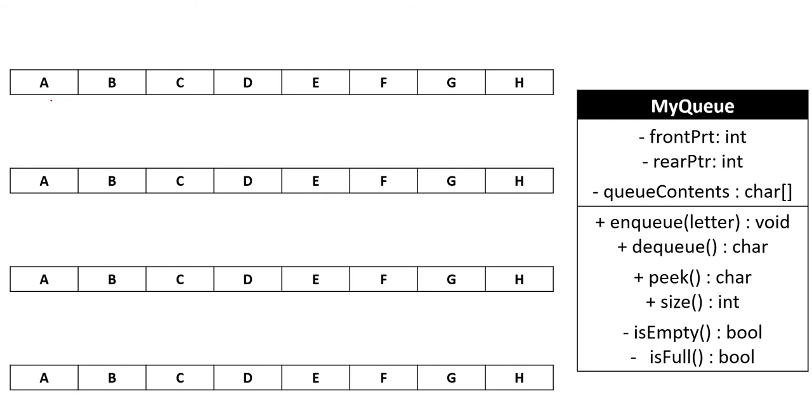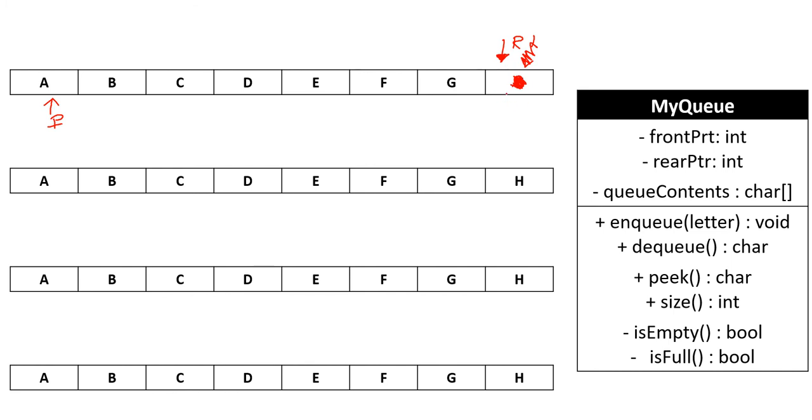So if the front pointer's there and the rear pointer's there, well, we've got to imagine that we don't have anything in there. I shouldn't have written anything there. And the rear pointer is there. We're going to say that this is a full queue, because the way that we've implemented it, we've got the rear pointing to the next free space.